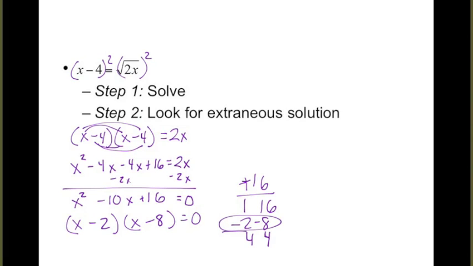Negative 8 and negative 2 will multiply to make positive 16 and add to make negative 10. And then we learned when we solve by factoring that we then want to set each factor equal to 0 and solve them independently to get x equals positive 2 and x equals positive 8.